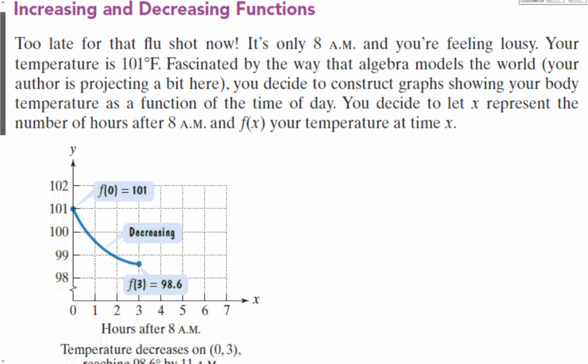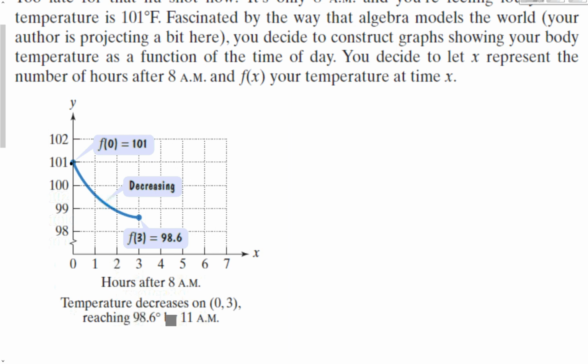So if we look at this first graph, right, you woke up at 8 o'clock in the morning, f of 0 is 101. Okay? Then at 11, you could probably call out of school, you went back to sleep, and so you started feeling a little bit better.